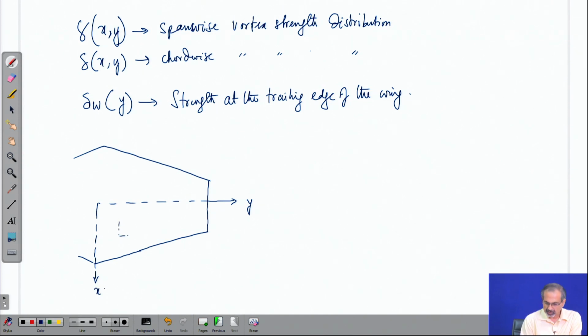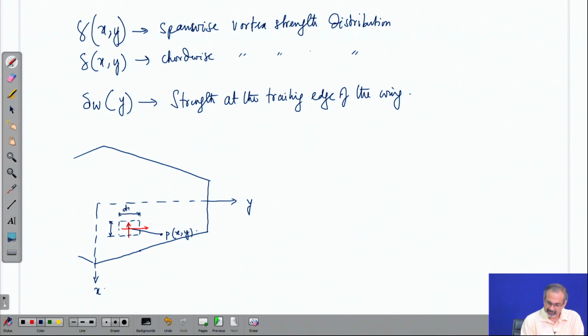So, if you take a small element, on that small element we are going to locate the vortex filaments parallel to x and y directions, and we will assign some dimensions to that elemental region.